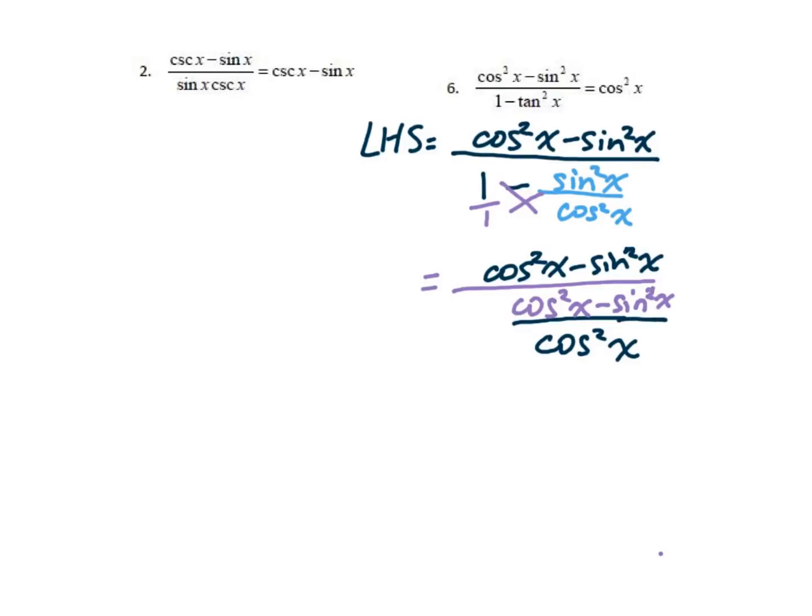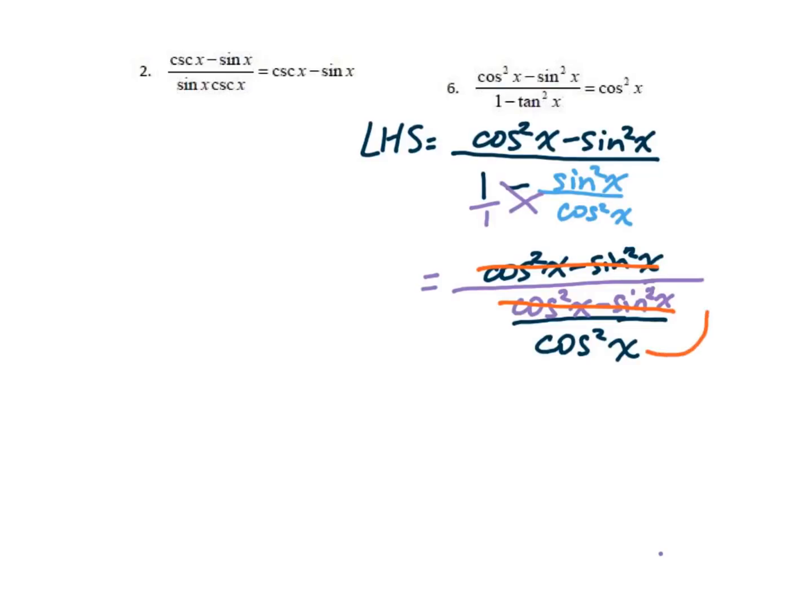Before you do the operation of a complex fraction, check whether you have the same common factors on the numerator or on the denominator. For cosine square x minus sine square x, this is both on the numerator, so you can reduce.